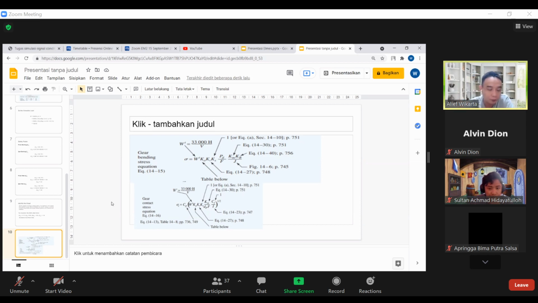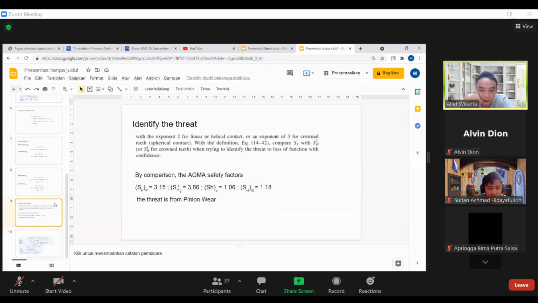Okay. Please go back to slide number 9. And how about if we compare between the bending and wear, which one is more critical?